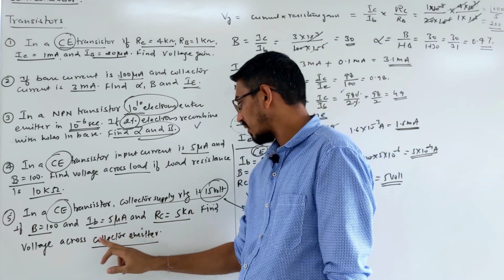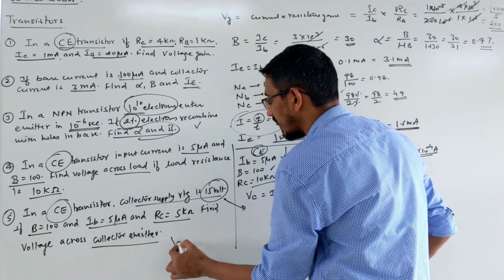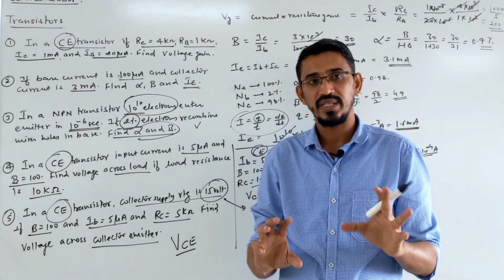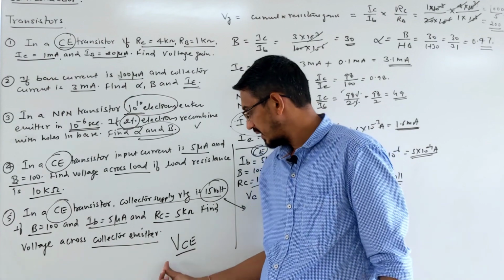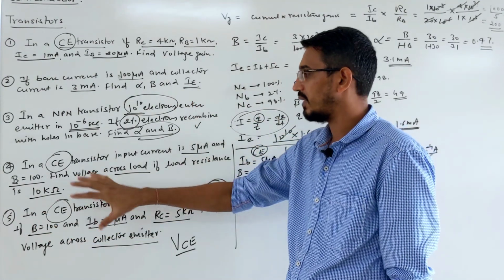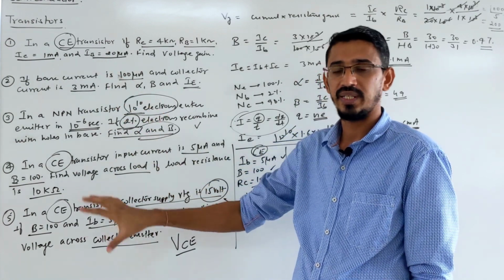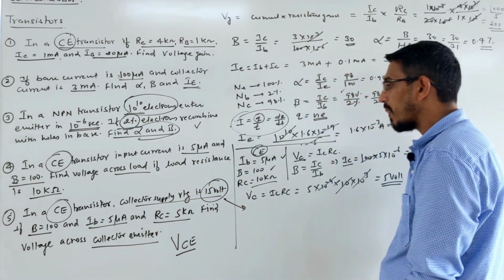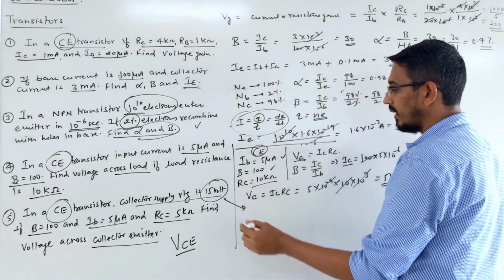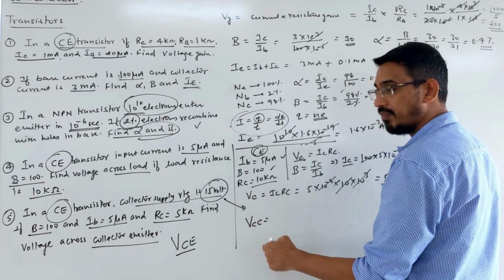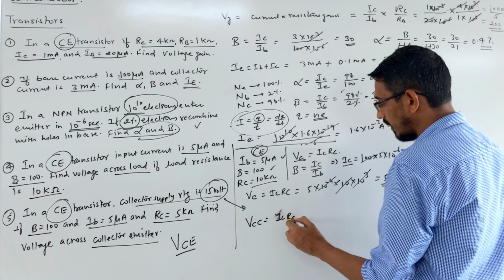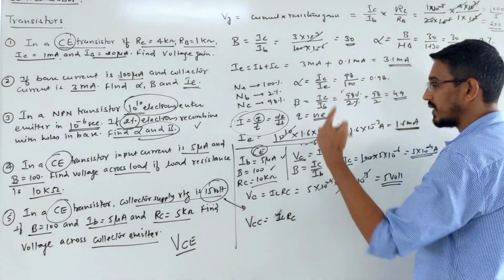They are asking for the voltage across collector emitter, meaning VCE, the C to E junction voltage, as opposed to VBE, B to E. These types of questions I will do in the next questions in graphical, picture or circuit form. So focus here. If you remember the output circuit, the battery voltage VCC goes toward ICRC plus VCE, as I wrote when I discussed how it works.